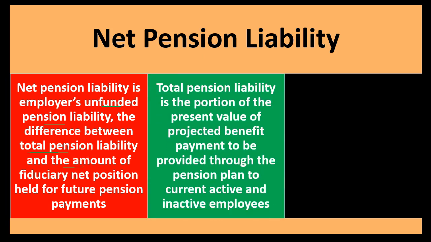Total pension liability is the portion of the present value of projected benefit payments to be provided through the pension plan to current active and inactive employees. So the total pension liability, another key term, is the portion of the present value of projected benefit payments to be provided through the pension plan to current active and inactive employees.